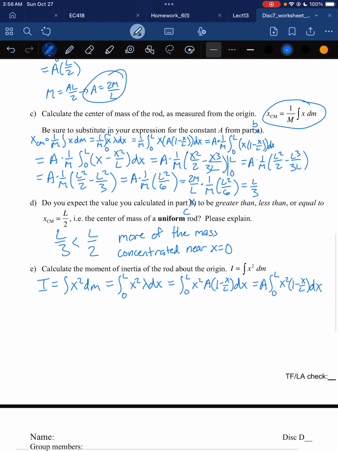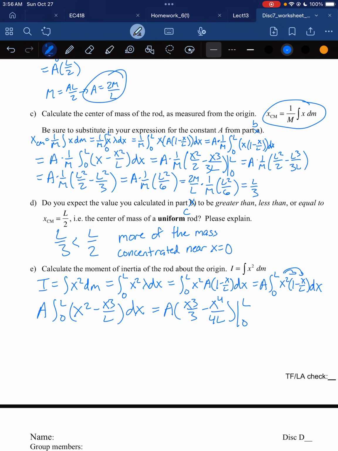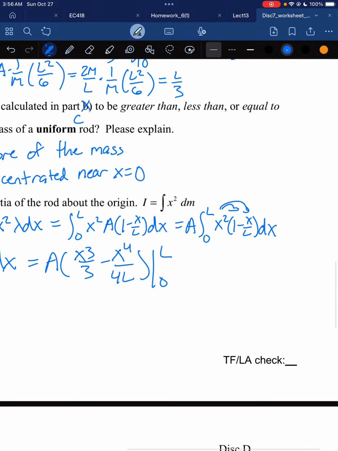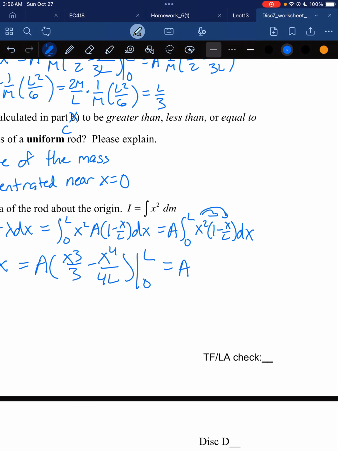And again, I'm going to distribute my x's into the parentheses, and we're going to get a times the integral from 0 to L of x squared minus x cubed over L dx. Now I use the power rule to integrate, and I get a times the quantity of x cubed over 3 minus x to the 4th over 4L from 0 to L. And again, I just plug in L wherever I see x, and I get a times L cubed over 3 minus L to the 4th over 4L.